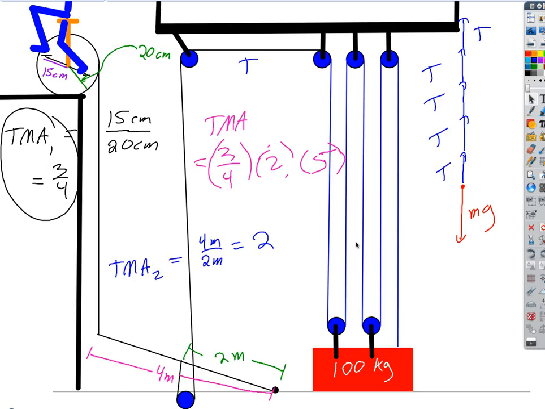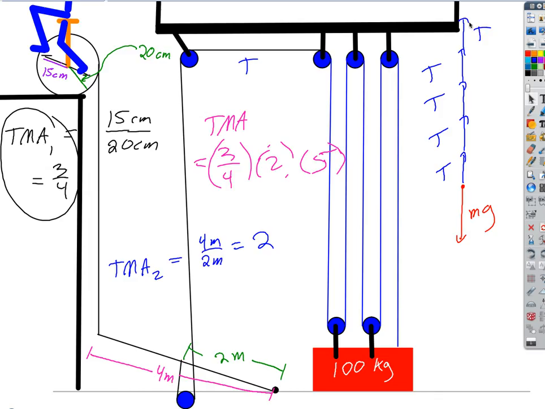So if they're good pulleys, the tension here is going to equal the tension at any one of those lines over here, right? So what did that do then? This block and tackle, if these are all the tensions that are applied to this load, then think about that. I've got 1, 2, 3, 4, 5 segments, each with a tension T in it. That's the equivalent of having the tension vector multiplied by 5, right?